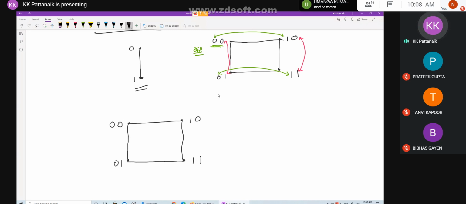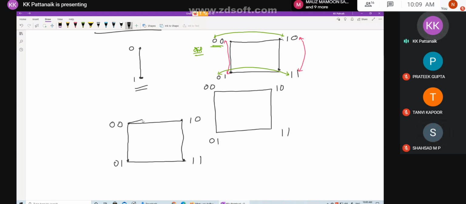So now we'll go for another two-dimensional hypercube which will have the same labels, right? What are they? 0, 0, 0, 1, 1, 0, 1, 1, right?